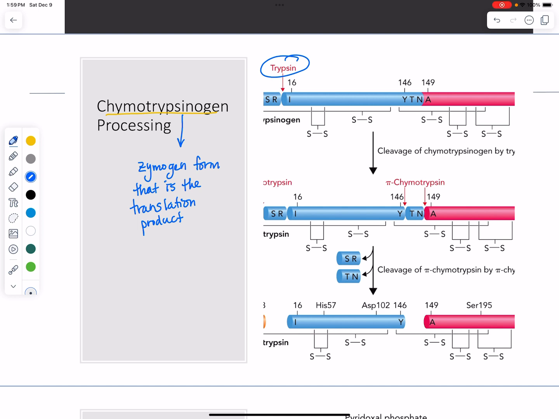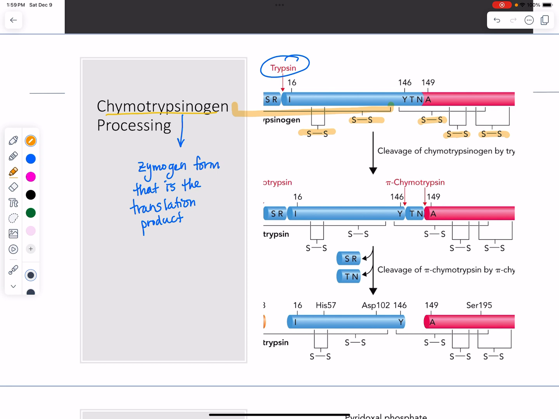One of the things that I want you to notice is that there are a bunch of disulfides in chymotrypsinogen, and one of them connects two parts of the protein that are very far apart in space. So we're going to be cleaving peptide bonds, but some of the parts are going to be held together by these disulfides.